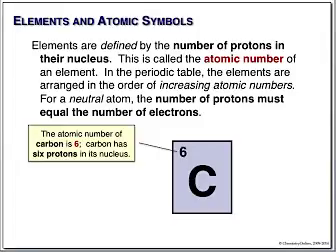But what this does is this tells you the number of protons in the nucleus of that element. The one thing that defines what an element is, is the number of protons. Doesn't matter how many neutrons, doesn't matter how many electrons, only the number of protons.